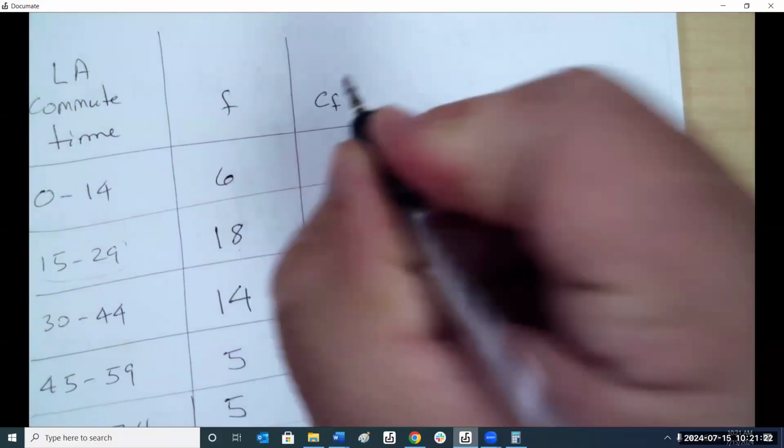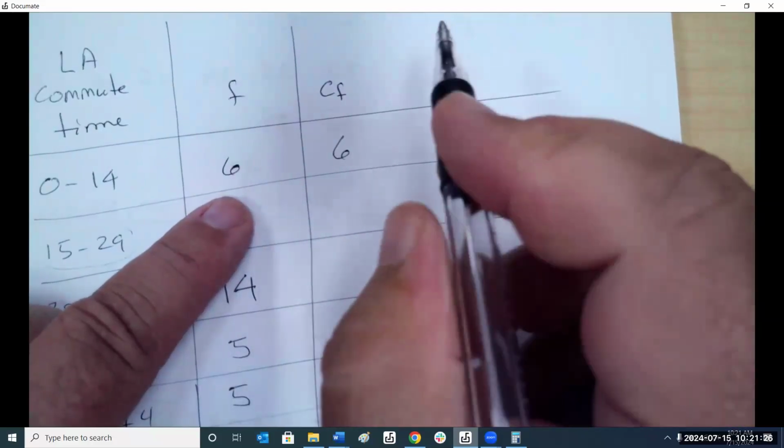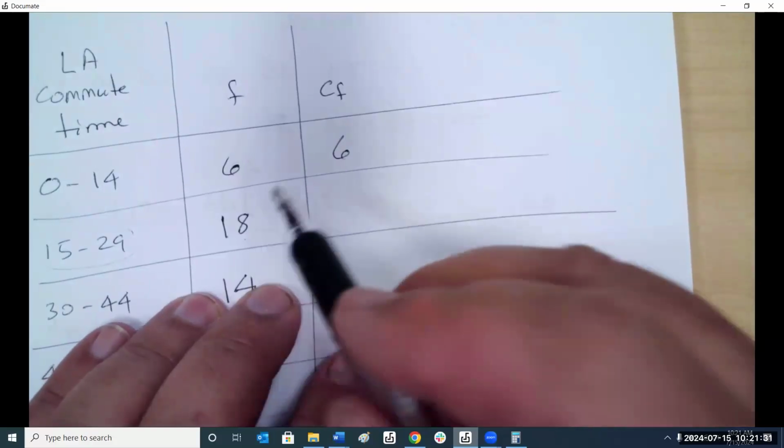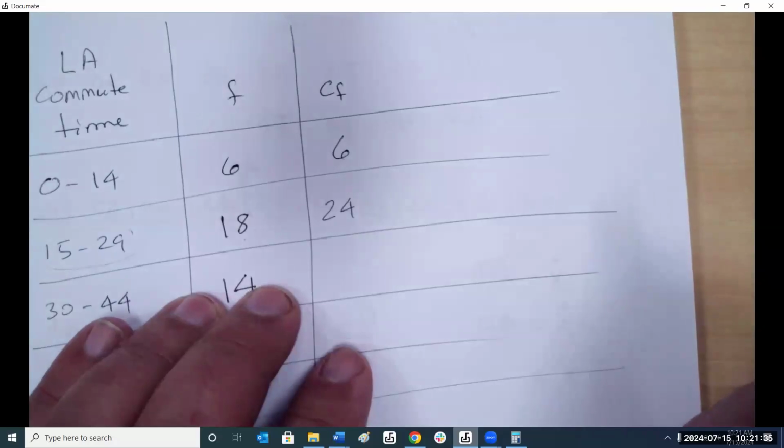Remember, cumulative frequency is a running total of all the frequencies. The first one starts off at 6. Now in the second row, we have these 6 plus 18 more. That equals 24.